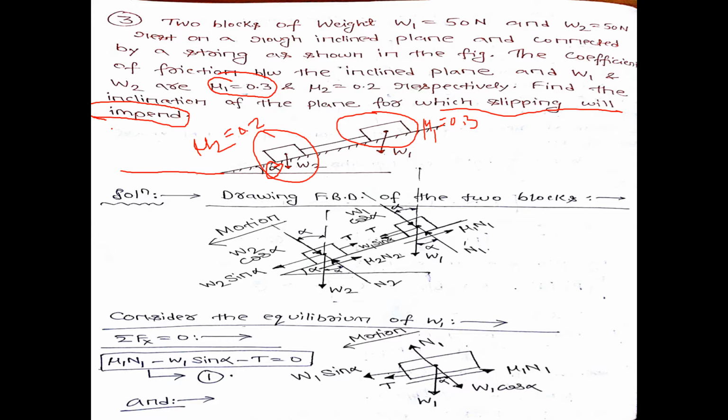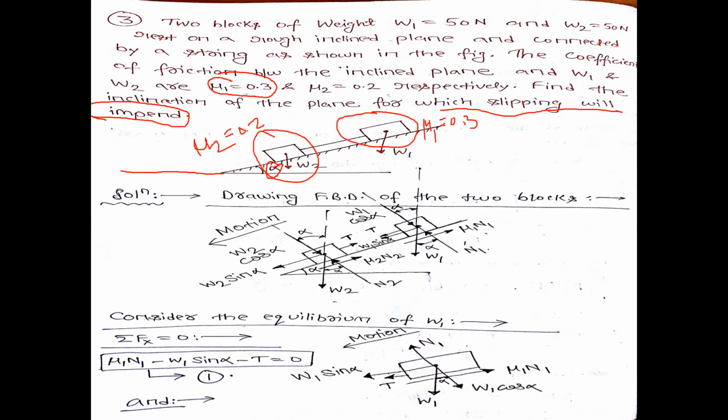Yes or no? Is it clear? Did you understand the problem? Yes, sir. That means alpha is nothing but the angle of repose. If I relate physically with the concept, what is the angle of repose?